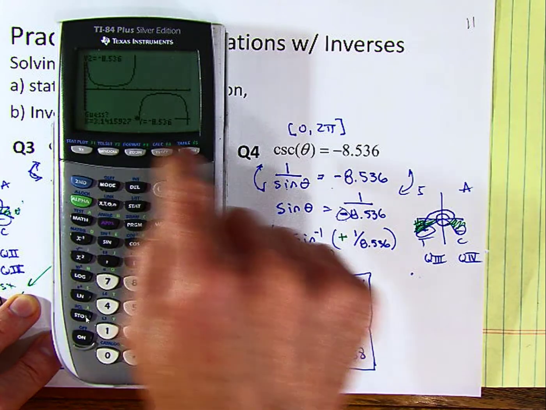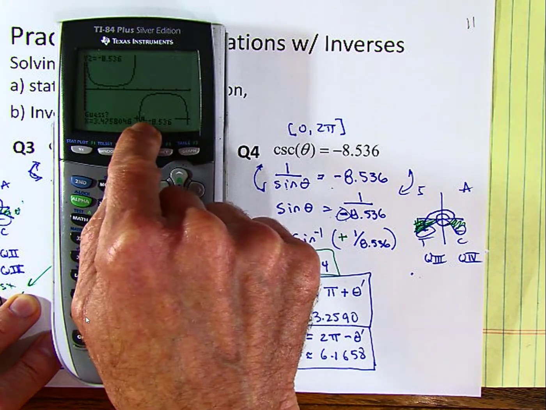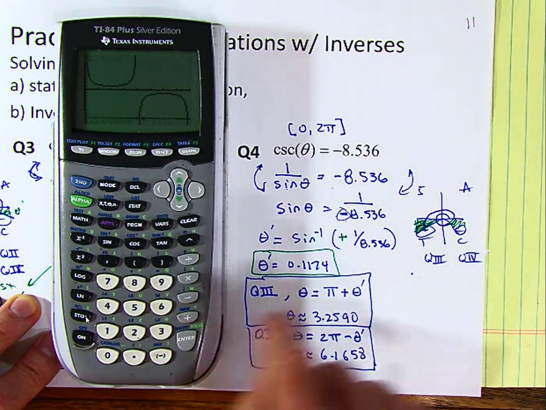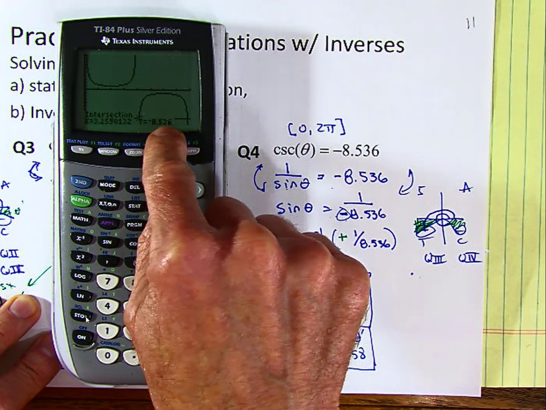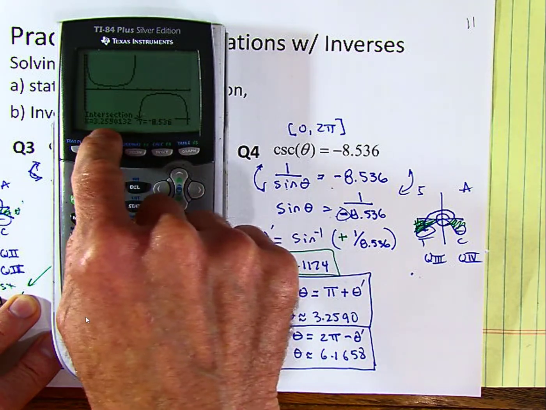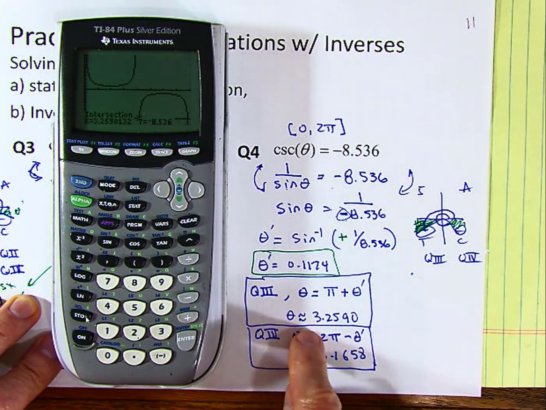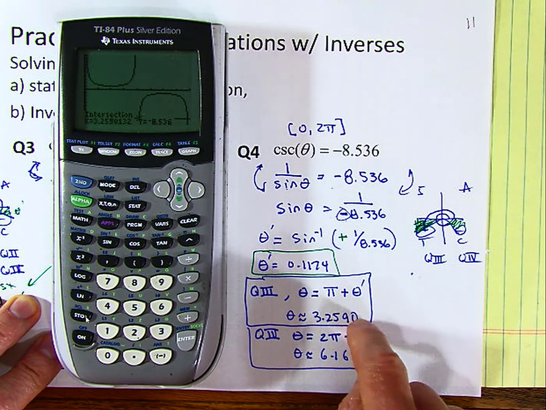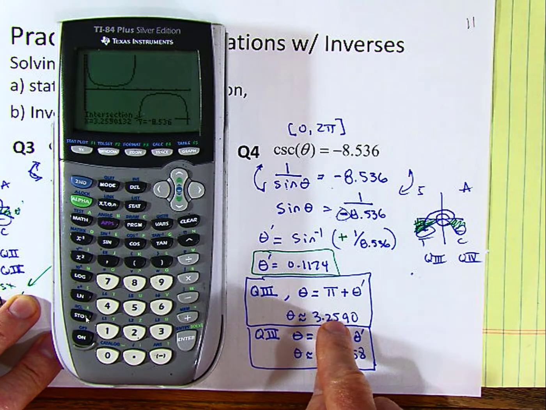And then it needs a guess. Okay, so I'm going to move close to the intersection. So I've got my cursor close to the intersection. I'm going to hit enter. And the y number equals negative 8.536 when the input is 3.259. Bingo. I've got confirmation that my algebra is correct because the graphing is matching my algebra.